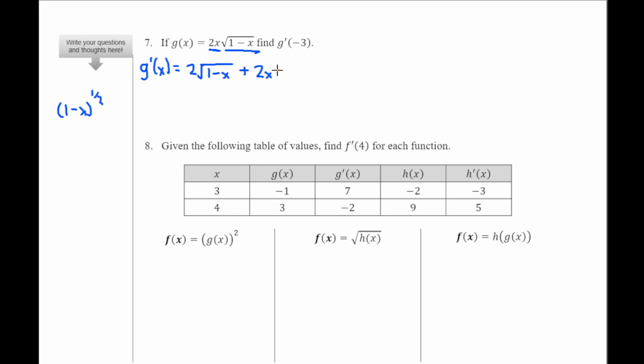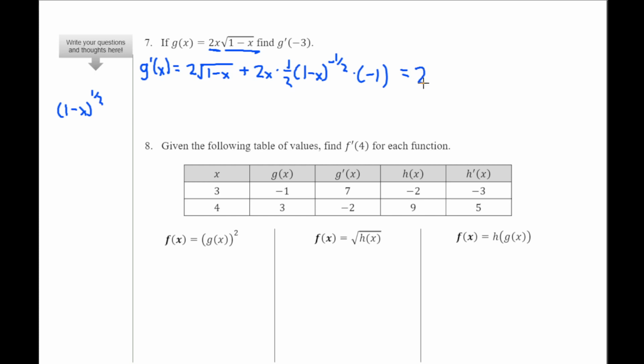So if you want to find the derivative, we can just bring the 1/2 down, times 1 minus x to the negative 1/2. And then we have to multiply by the derivative of the inside piece, which is a negative 1. So here, to find g prime of negative 3, well, another thing, we can simplify this a bit.